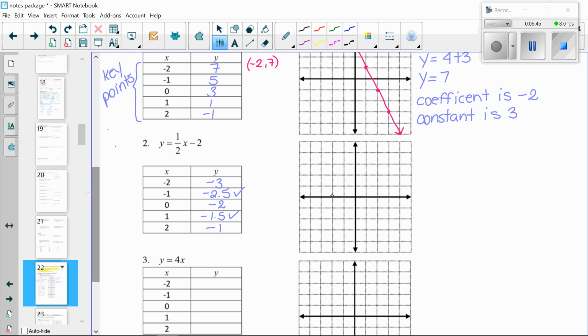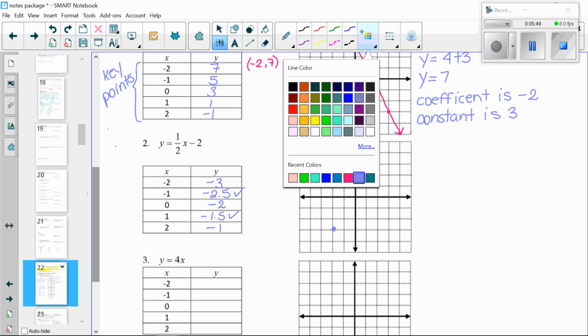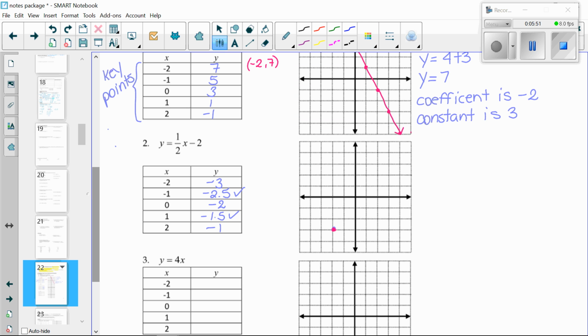So -2, -3, that's down here. And I'll do that in pink. Then my next one is 0 and -2. Then the next one is 2 and -1. And I'm just going to follow that pattern for more points.